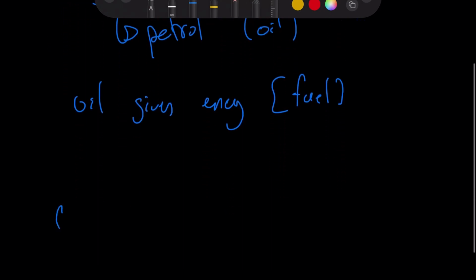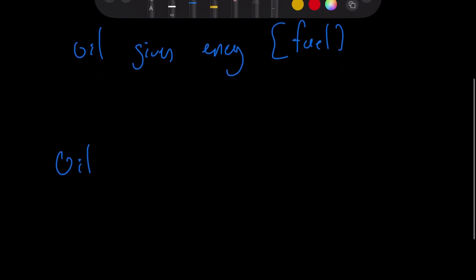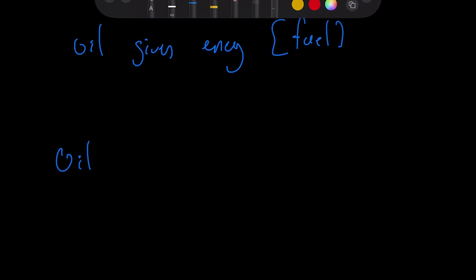Oil, we have oil. How does it give out energy? It gets burned. When you burn something, what's burning? Burning is basically called burning in oxygen. It's called combustion.